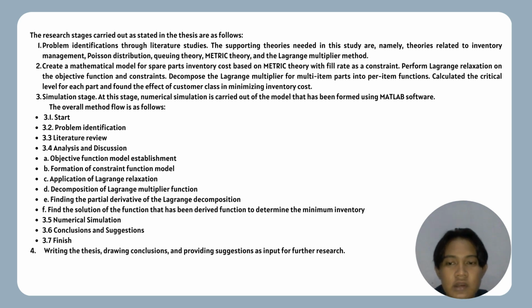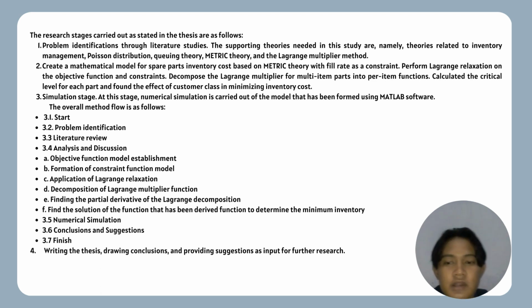In this analysis we talk about the objective function, model establishment, and formation of the constraint function model, application of Lagrange relaxation, decomposing of the Lagrange multiplier function, finding the partial derivative of the Lagrange decomposition, and finding the solution of the derived function to determine the minimum inventory.